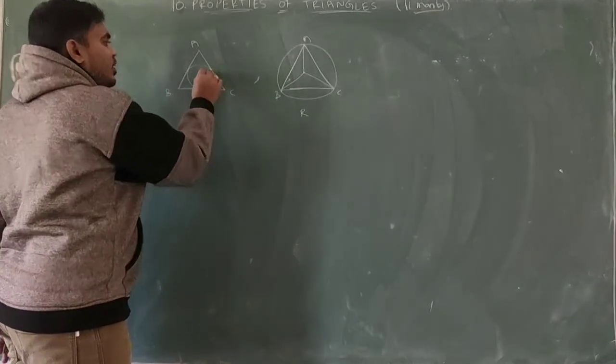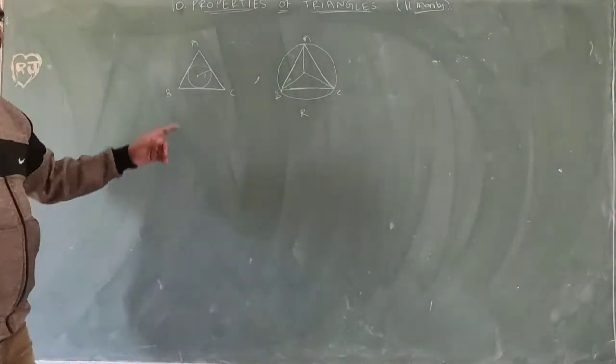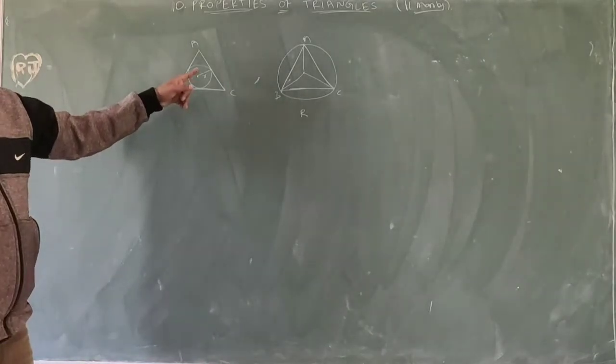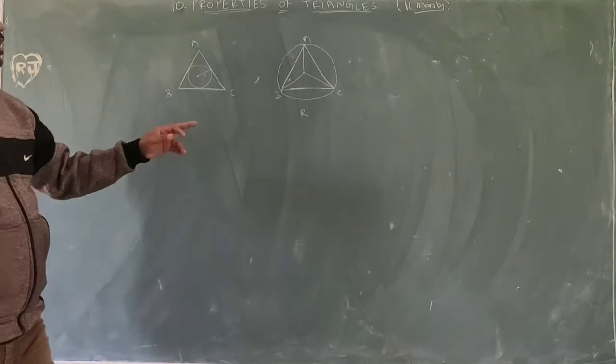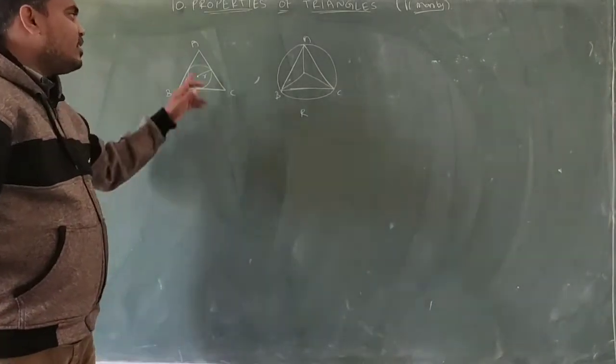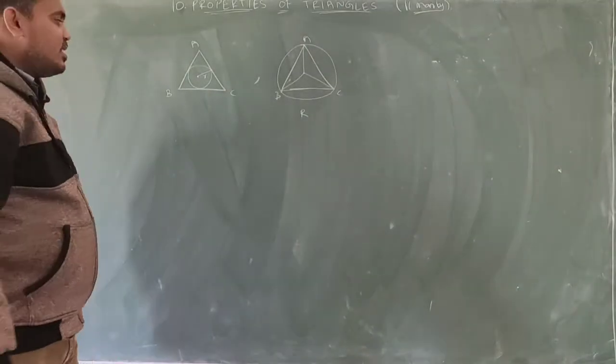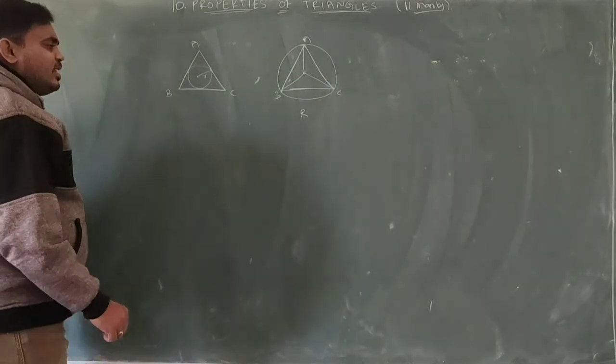The radius is denoted with a small r, and this radius is called the inradius. Capital R is the circumradius, and this is the inradius.